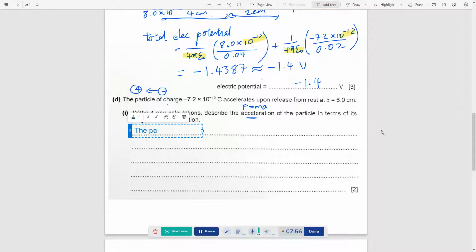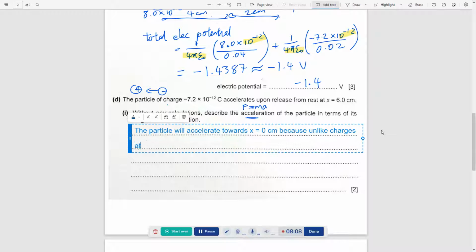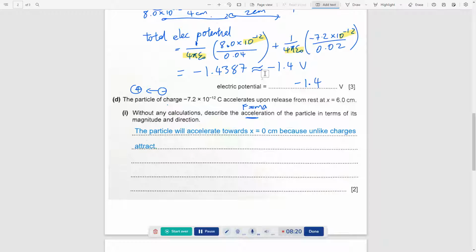So the particle will accelerate towards x equals 0 cm because unlike charges attract. The question never asks for the reason, so we can ignore that, but I'm just putting it here for you to understand. Next we'll be talking about the magnitude. This part is a direction, so it's 1 mark already.